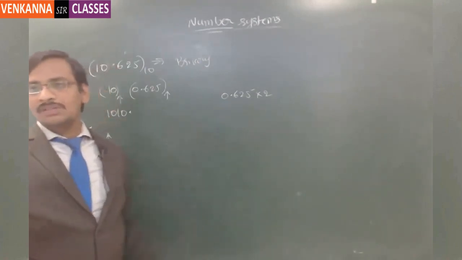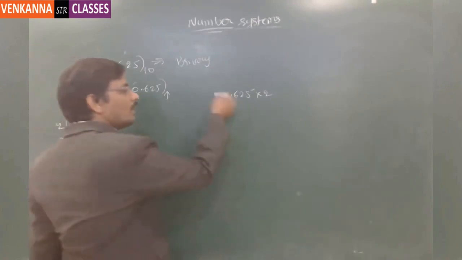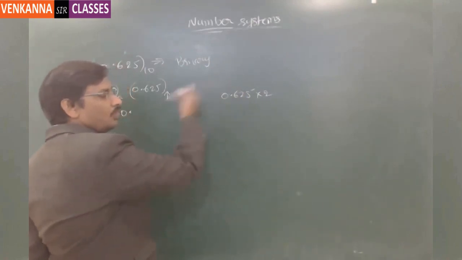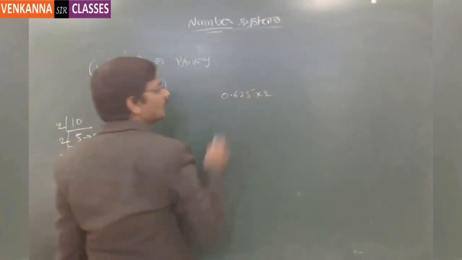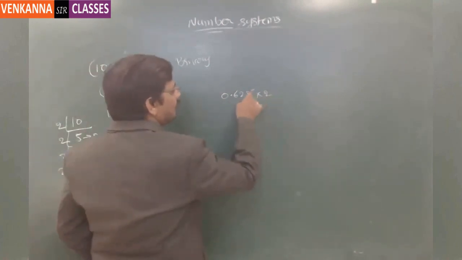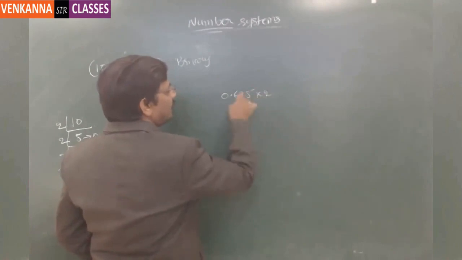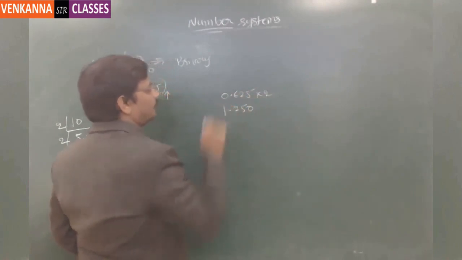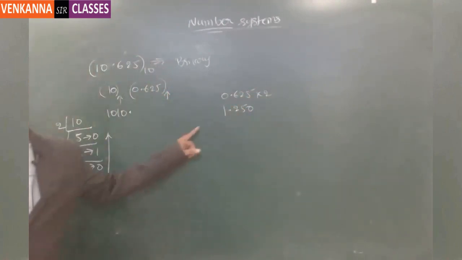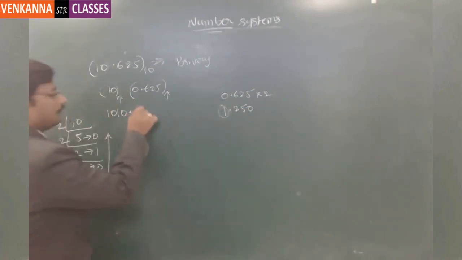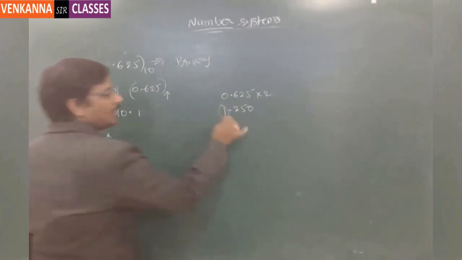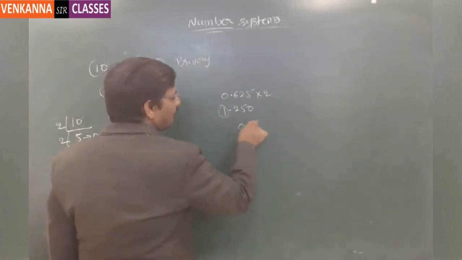When you multiply with 2, the number which comes before the decimal is kept. So 0.625 into 2 gives 1.250. You keep the 1 here and avoid it, leaving 0.25.